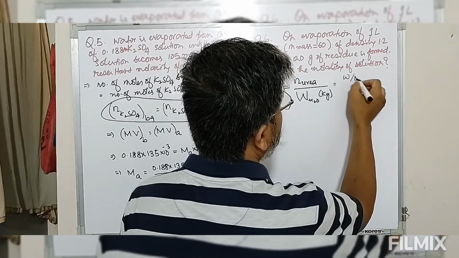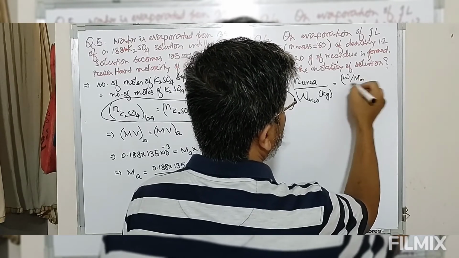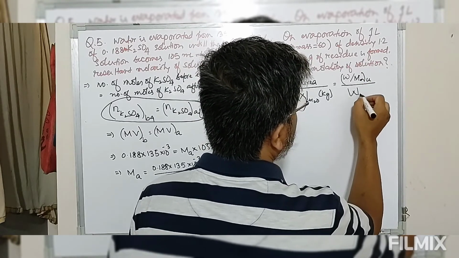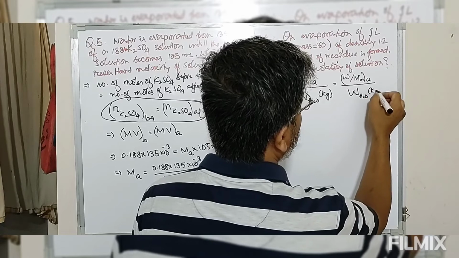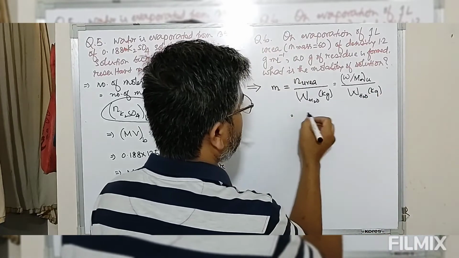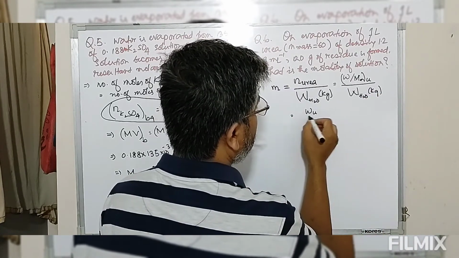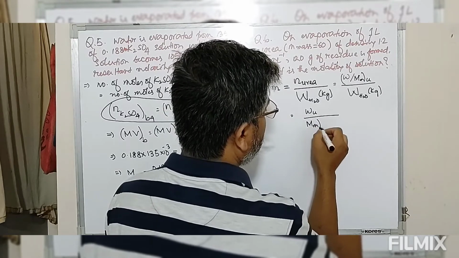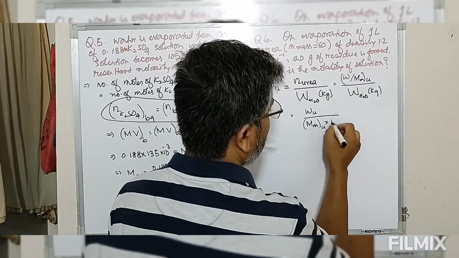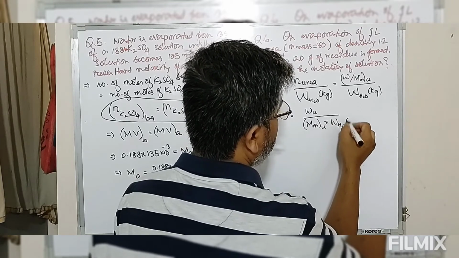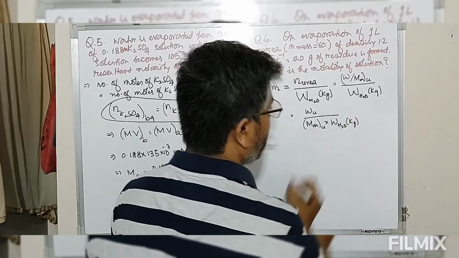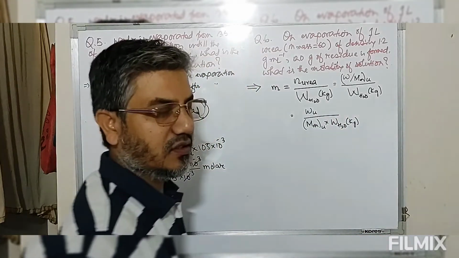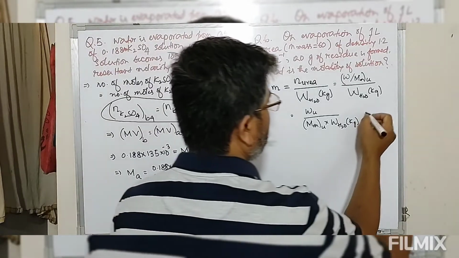So this is mass of urea divided by molar mass of urea into mass of water taken in terms of kilogram, or if this is taken in terms of gram, we have to multiply this by 1000. So now we have this formula.